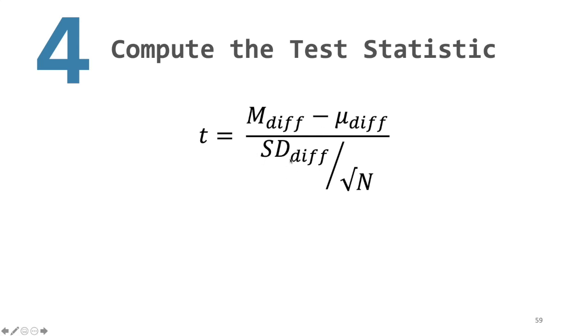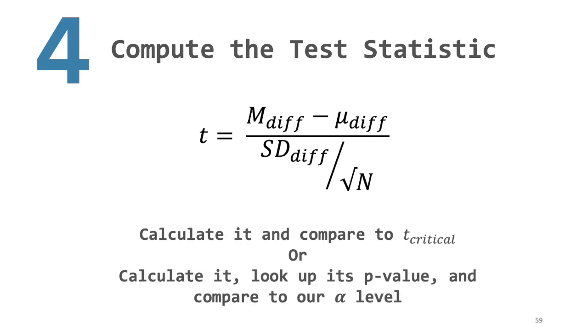The SD of the difference, and the square root of n of how many difference scores you have. Again, this is usually 0. What you're left with is the mean of the difference score divided by the SEM of the difference score. Again, like before, we can compare it to the t critical or look at the p-value.